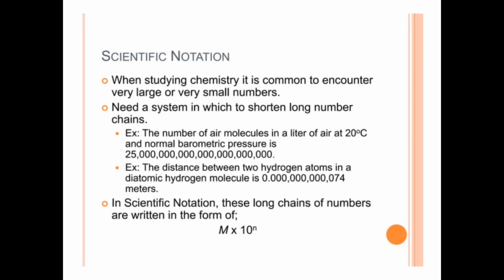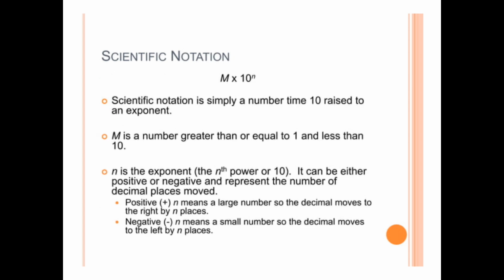Now let's quickly talk about scientific notation. When studying chemistry, it is common to encounter very large or very small numbers. There is a system that we use to shorten long number chains, and that's why we introduced scientific notation. In scientific notation, the long numbers are written in the form m times 10 to the power n.